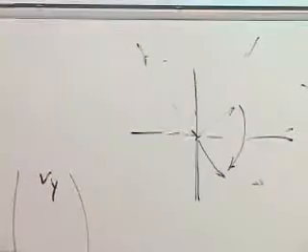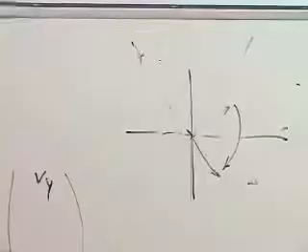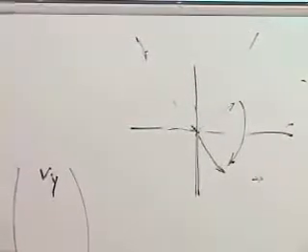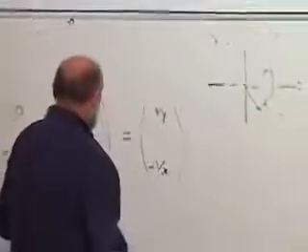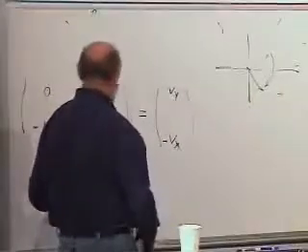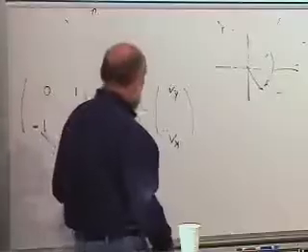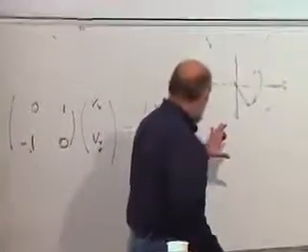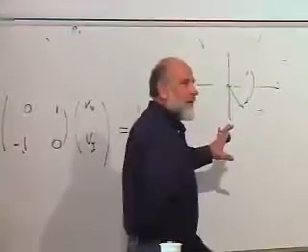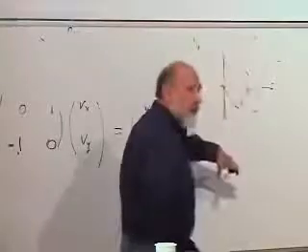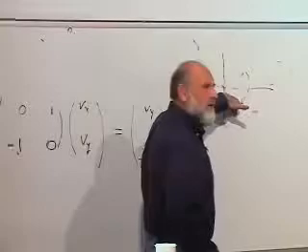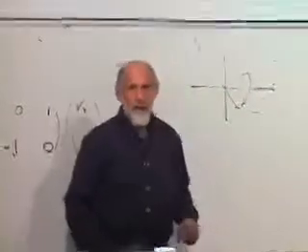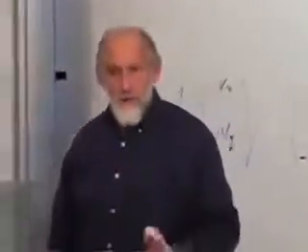The vector pointing in the x direction is going into minus the vector pointing in the y direction. So which way is it? It's rotating clockwise. Yeah, that's what I drew here. It rotates the vector by 90 degrees.